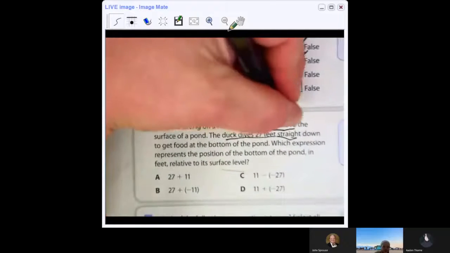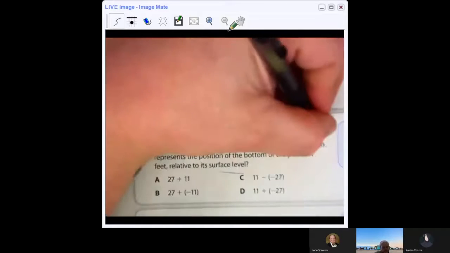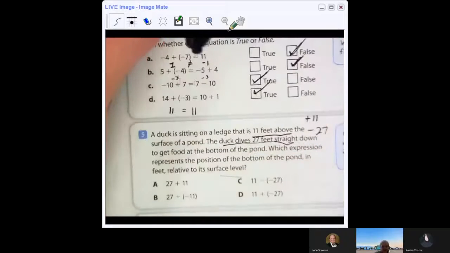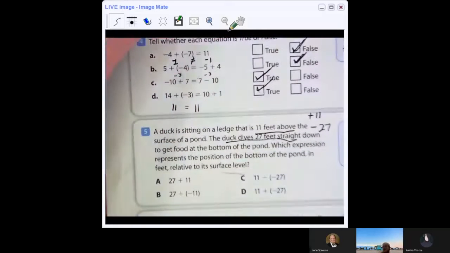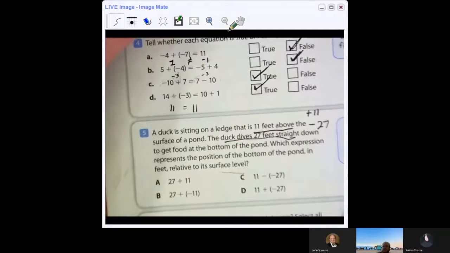So since this is above, 11 is going to be a positive number. And since this is diving straight down, 27 is going to be a negative number. So those are the two numbers I think are going to be important. And it wants to know which expression represents the position of the bottom of the pond in feet relative to the surface.